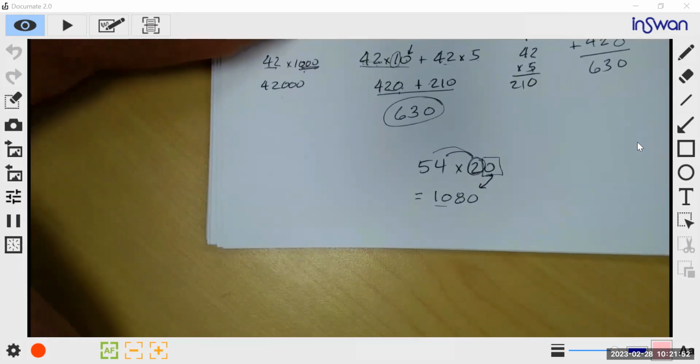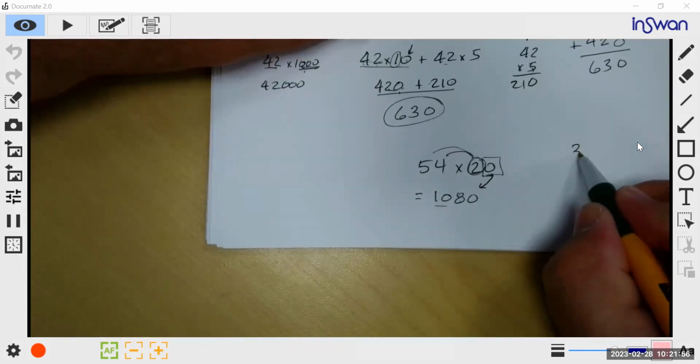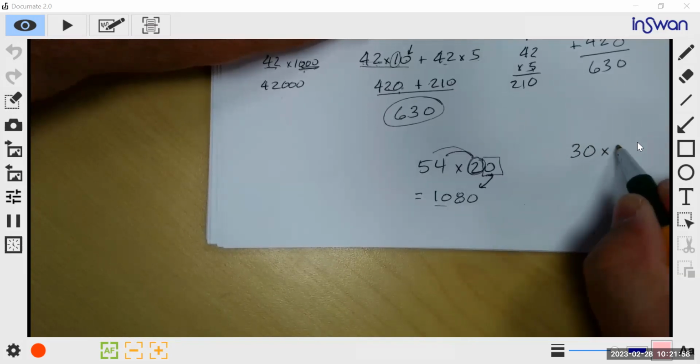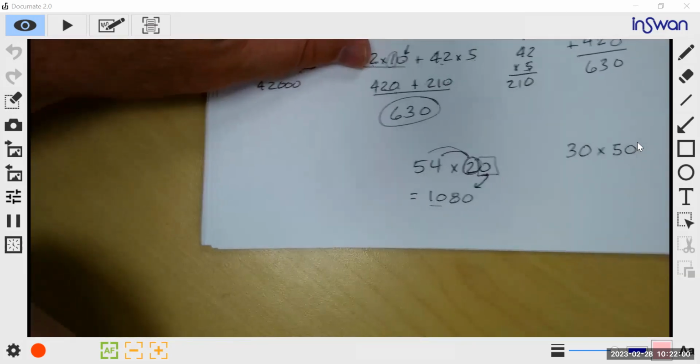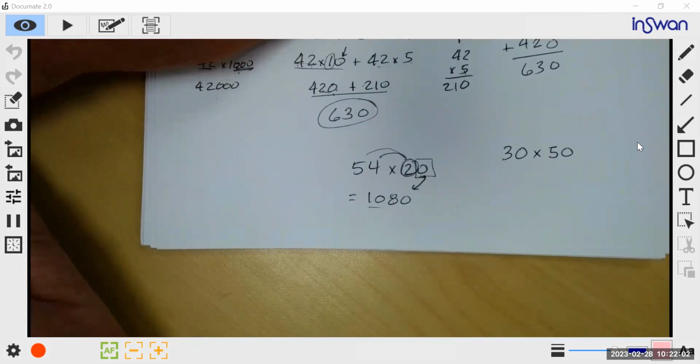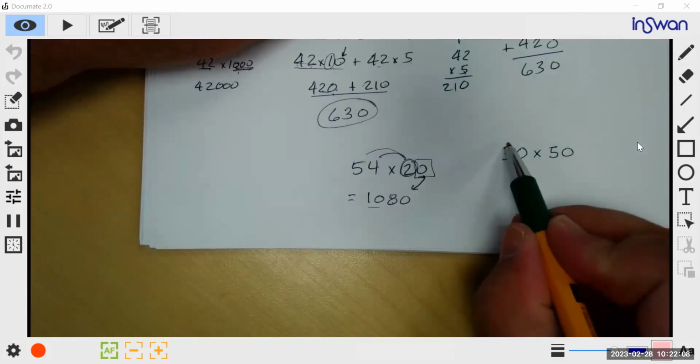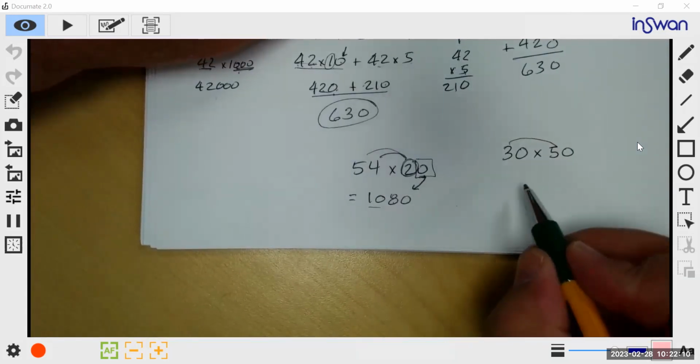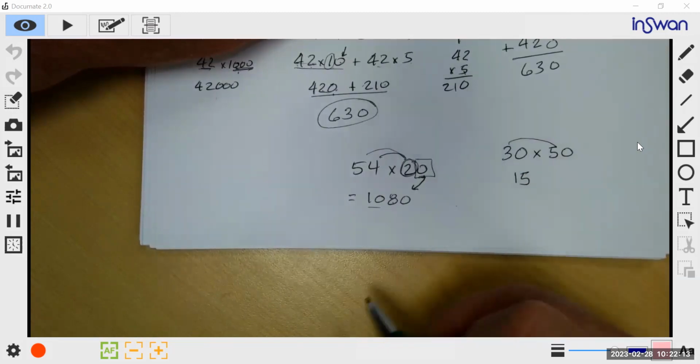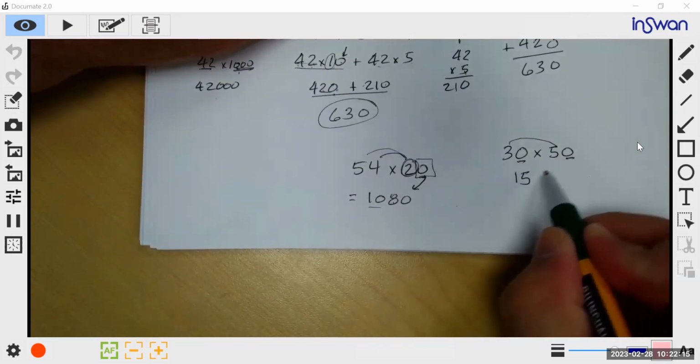So whenever your number ends in a 0 that you're multiplying, just put it back behind there. 30 times 50. Now, what is 3 times 5? 15 and 2 zeros.